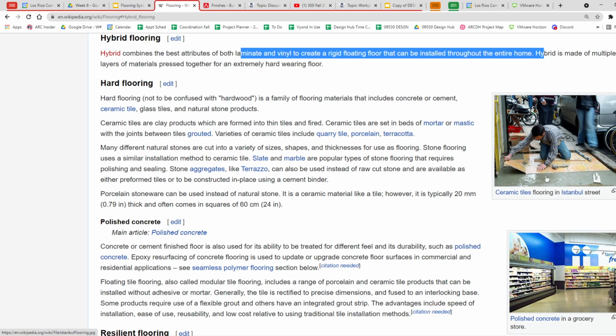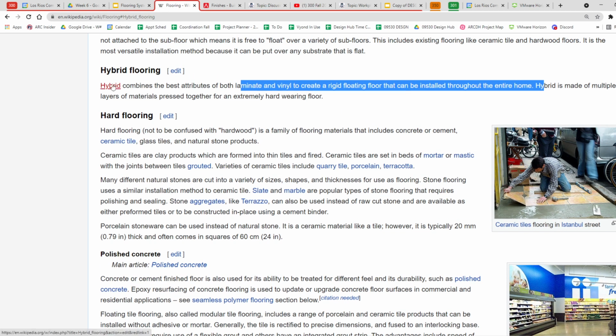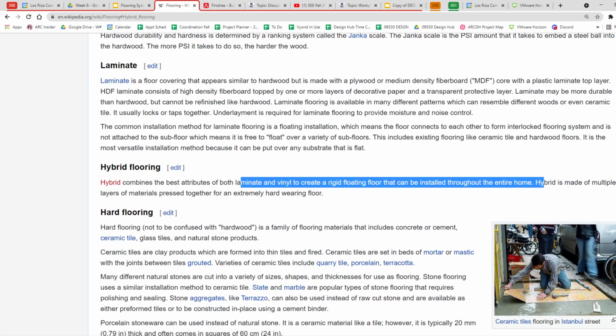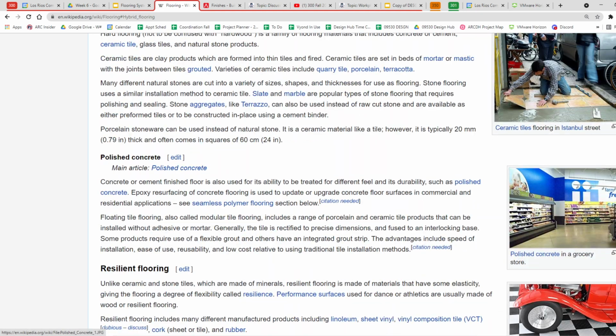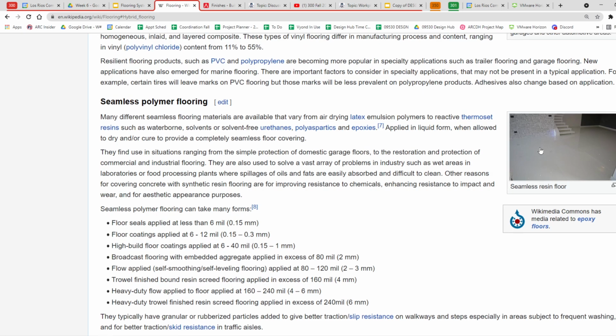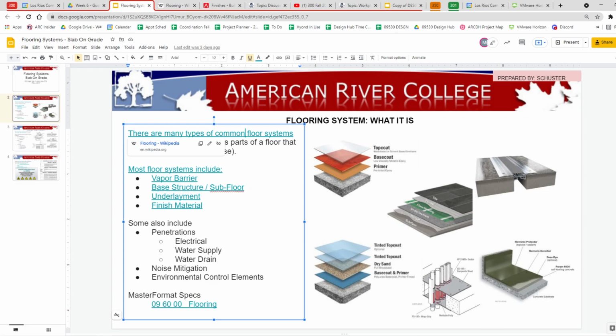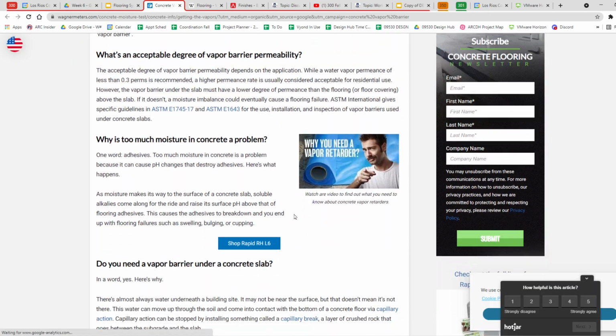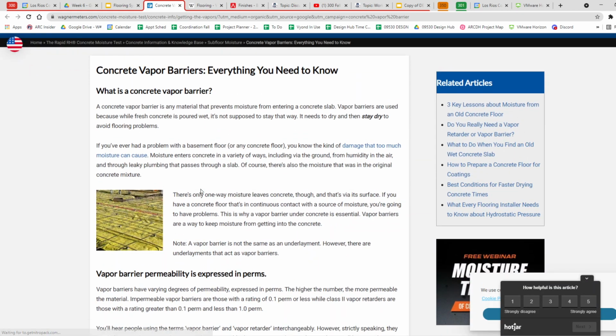It looks like you can go down on concrete, and maybe it can be made fairly nice looking. Okay, so you should be able to come in here and grab some of these images from here to put into your work.